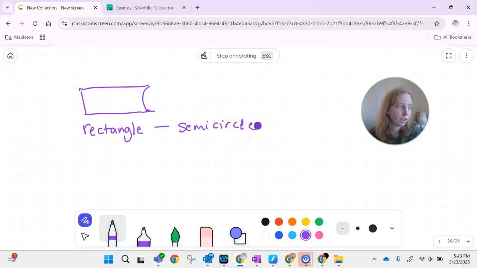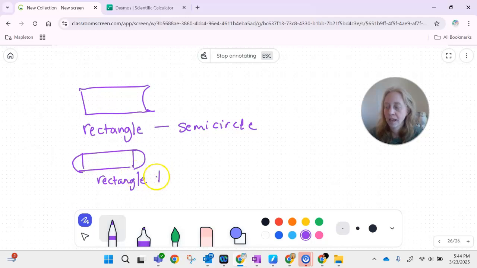If you see something like this, it has a rectangle and it has 2 semicircles. That's going to be the rectangle plus the whole circle. If you see one like this, it is a rectangle minus a whole circle.